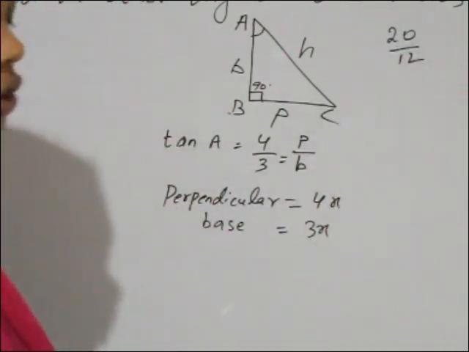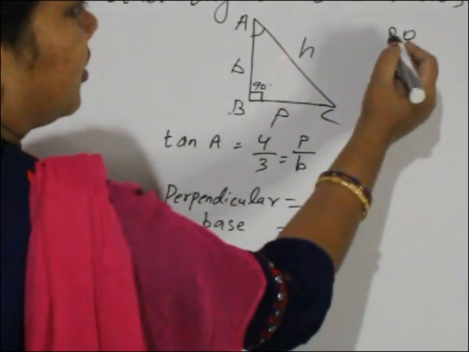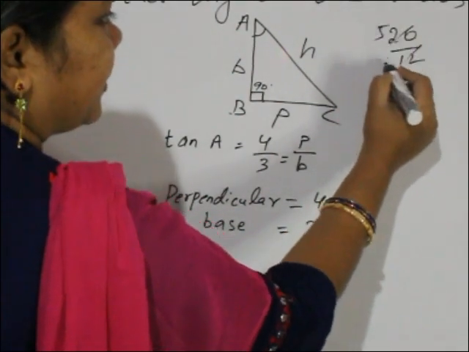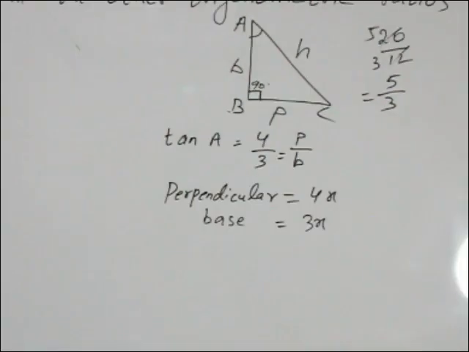They will not give 20 by 12 as it is; they will cancel it. 4 fives are 20, 4 threes are 12, so 5 by 3. That's why here the trigonometric ratio given is 4 by 3. This is not an actual value; it's a ratio already converted into the lowest term.